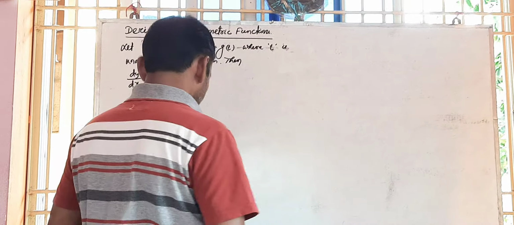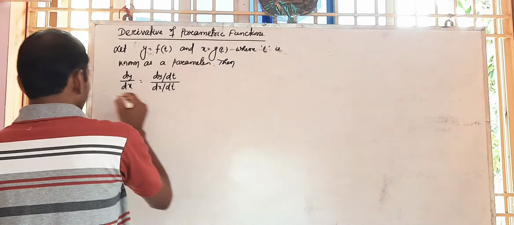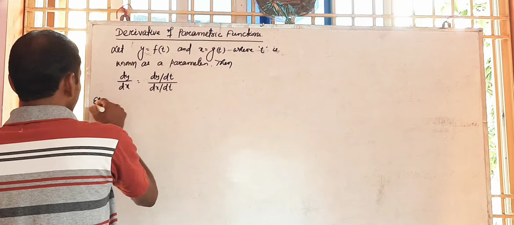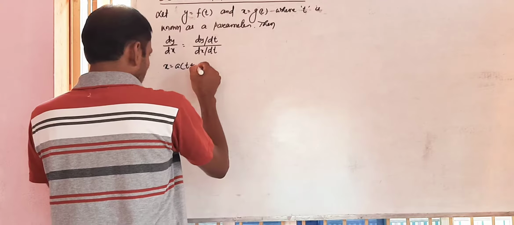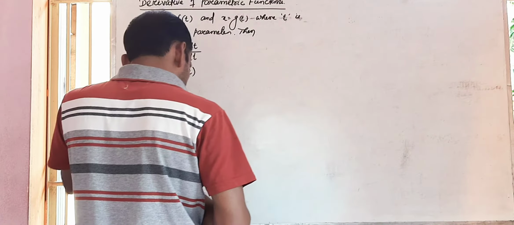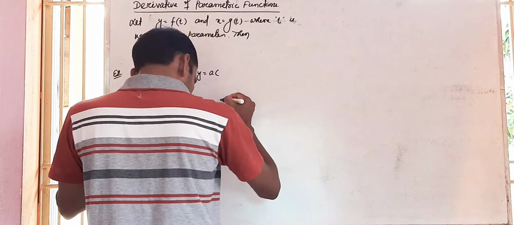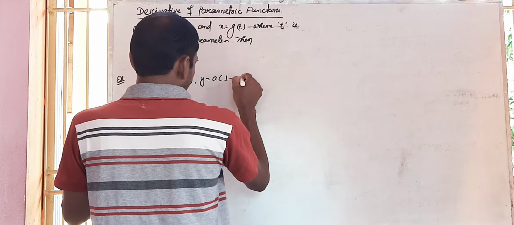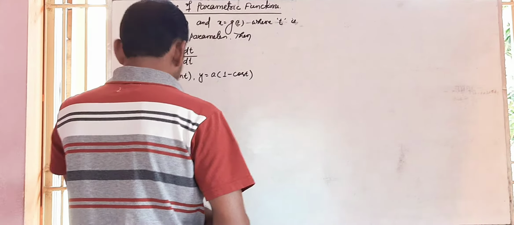Now let us solve two examples. Suppose x equal to t plus sin t, and y equal to a into 1 minus cos t.